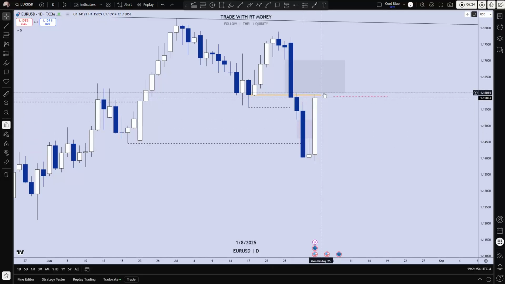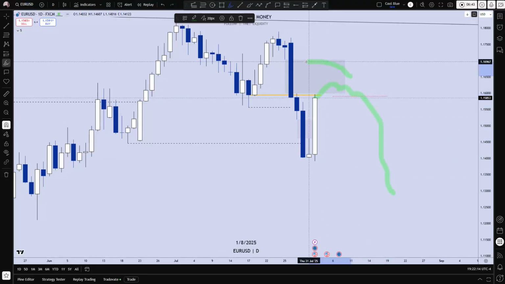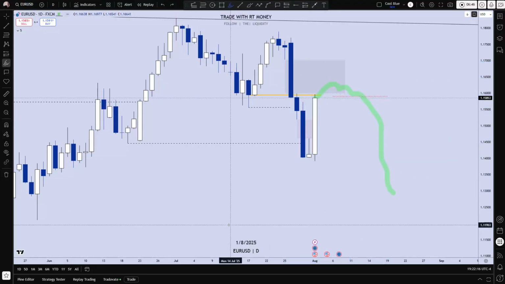Price retraces back into the fair value gap. Also, we have a market structure shift right here at the low of that candle. So ideally, we should be seeing price turn over inside of this fair value gap, much like the opposite we are expecting with the US dollar index.